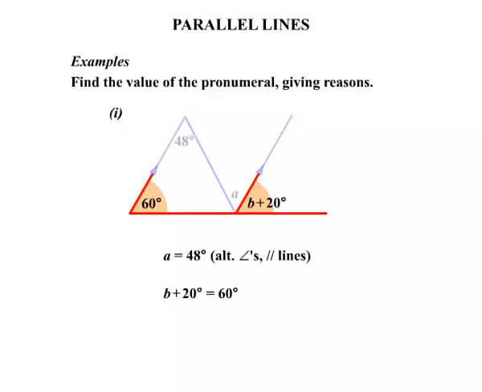Must give the reason. Okay, the reason, corresponding angles and parallel lines. Right, now, little equation here. What number, B, plus 20 degrees would make 60 degrees? Okay, what is B? Well, hopefully you can do this in your head. B, of course, would have to be 40 degrees. Excellent.